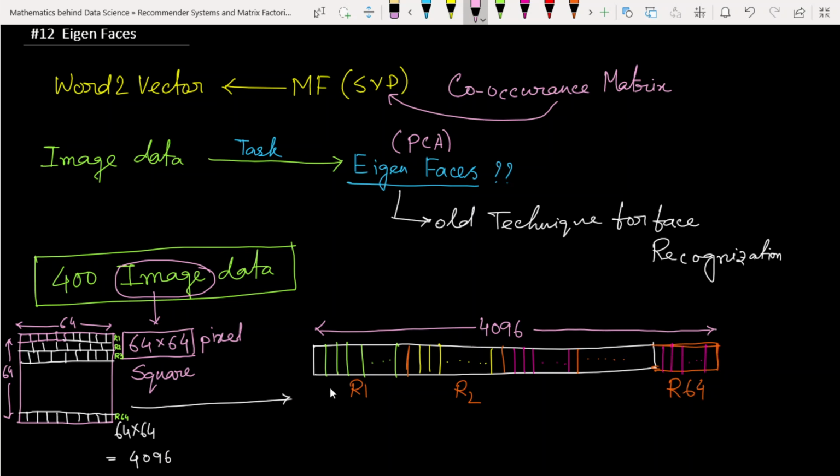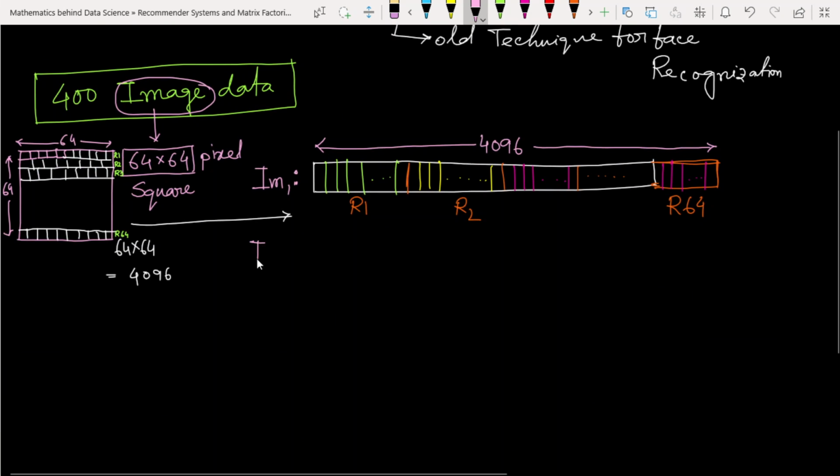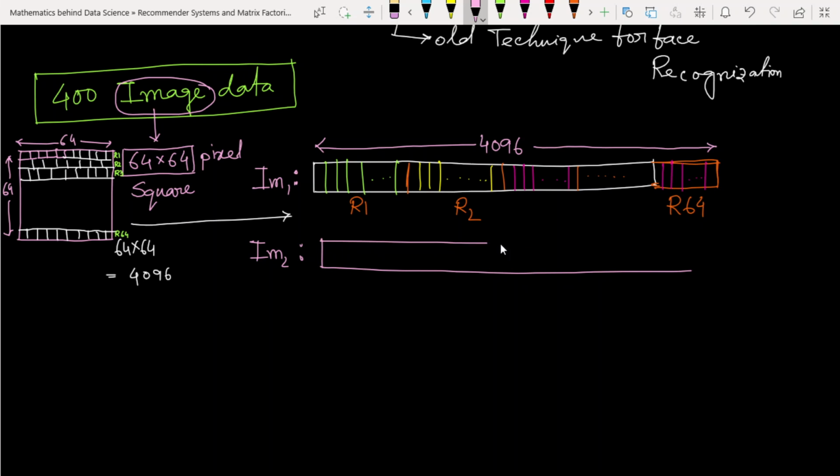So this vector is responsible for a single image. So how many images do we have? Similarly, we can convert image 2 into a vector that looks like this, which has 4096 cells.